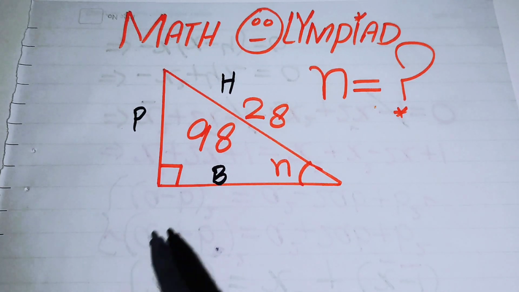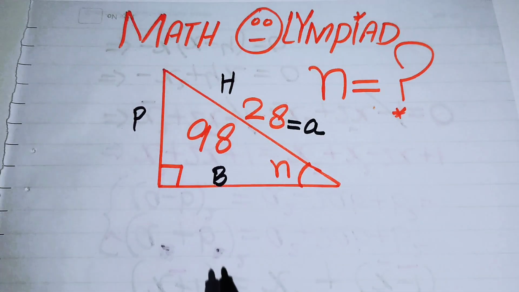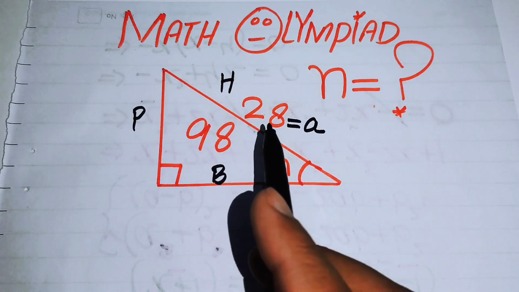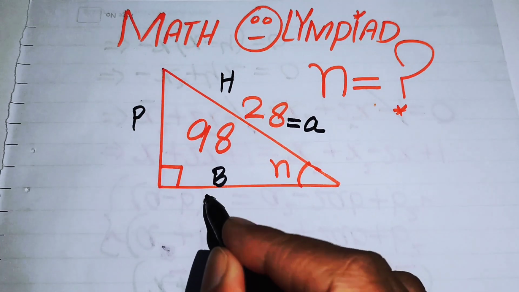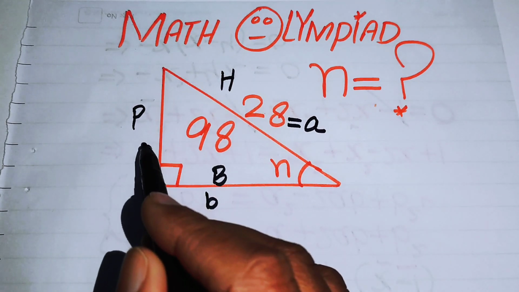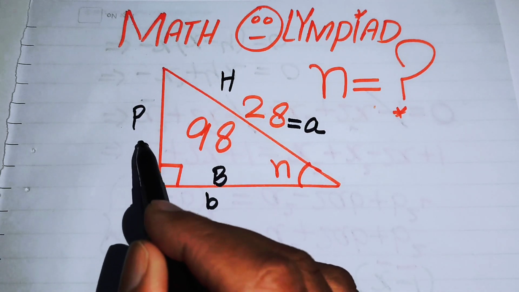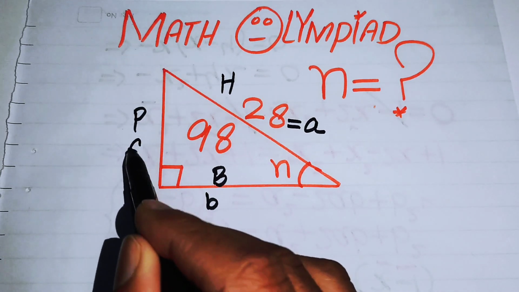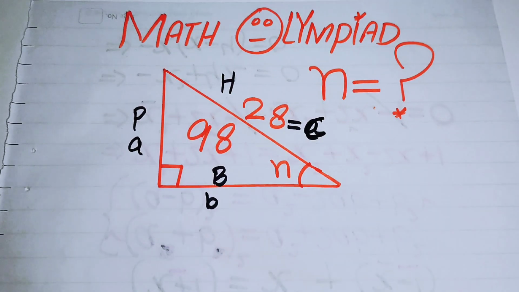I can name the hypotenuse as small c, our base as small b, and our perpendicular side as small a.